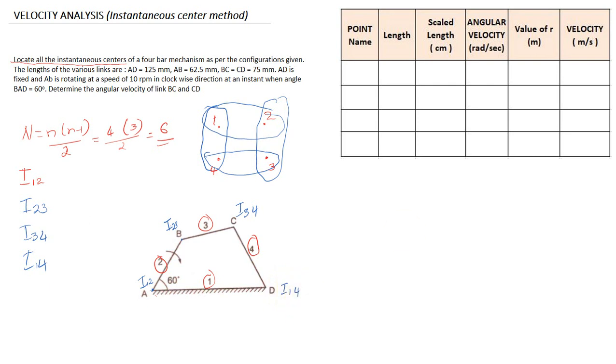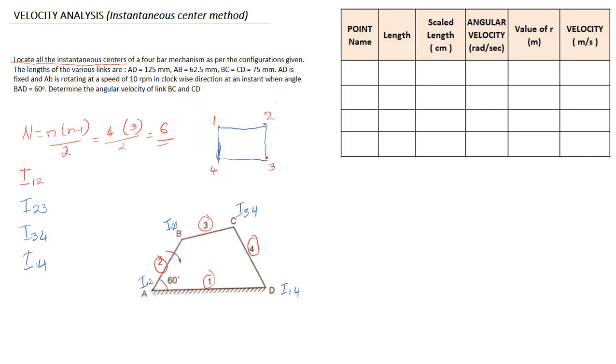So I12 and I14 are the fixed instantaneous centers. I23 and I34 are the permanent instantaneous centers. That means next we are going to mark the neither fixed nor permanent instantaneous centers.